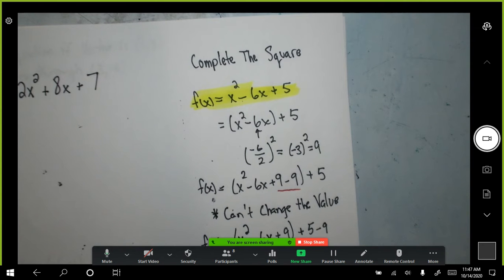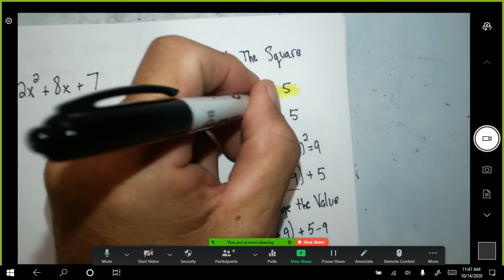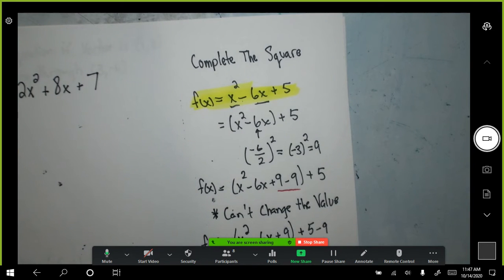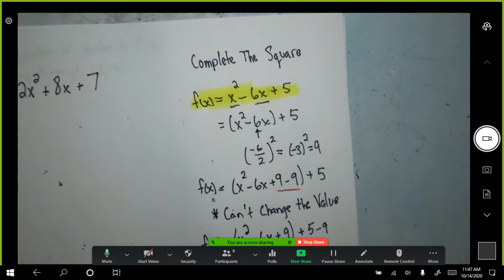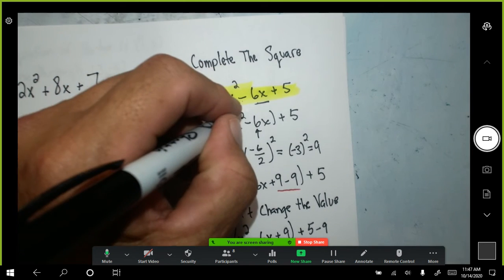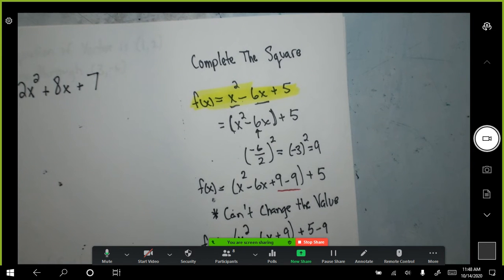So remember how we do it. What we do is we take the first 2 values of the quadratic, and the first thing is you've got to have an understood 1 in front of the x squared, which this one already does. All right. Then what I'm going to do is put in parentheses. I'm just going to look at the first 2.